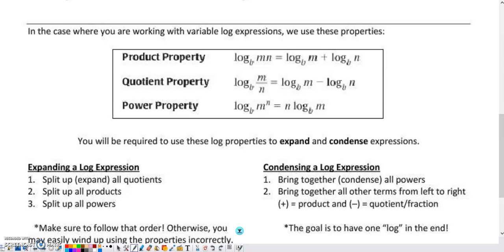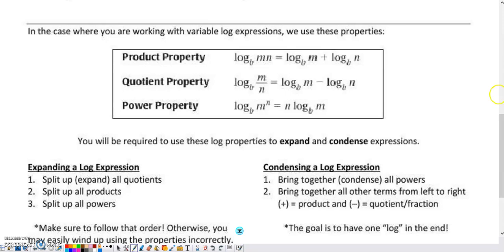You want to follow that order exactly. If you don't, you're going to get lost because you jumped ahead. For example, if there's division and multiplication and powers, and you skip the quotient and go straight to the products, you're going to get lost.